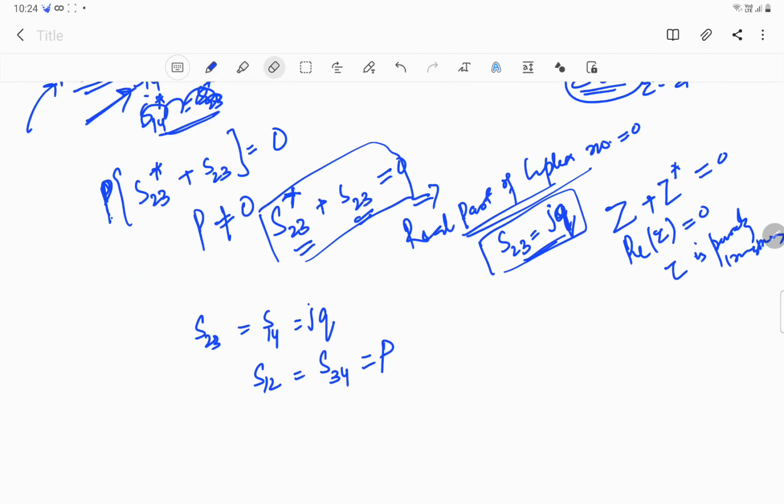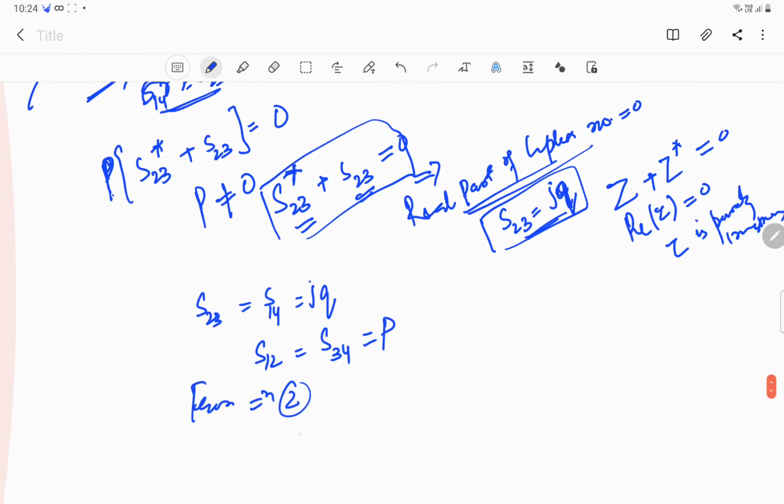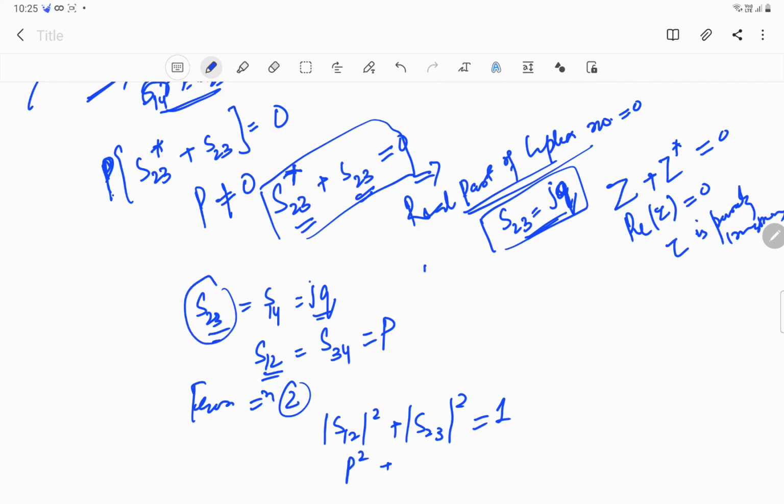But from equation 2 above, we have s12 square plus s23 square is 1. That means p square plus s23 is jq. The magnitude of this complex number would be simply q. That would mean magnitude of s23 is simply q. So p square plus q square is 1.